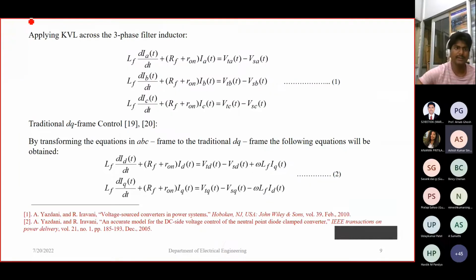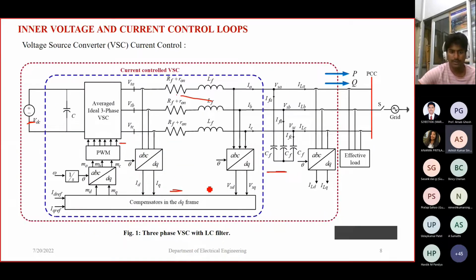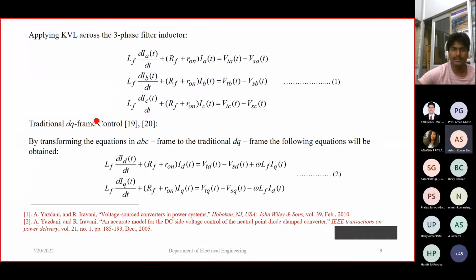Coming to the next slide, here you can see applying KVL across the three-phase filter inductor. Again I'm coming back to figure 1, where I am applying the KVL. LF dIa/dt plus (RF plus RN) into Ia equals Vta minus Vsa. If you apply KVL across the three-phase filter inductor, we can get equation 1. By transforming the equation from ABC to DQ form, we get equation 2.